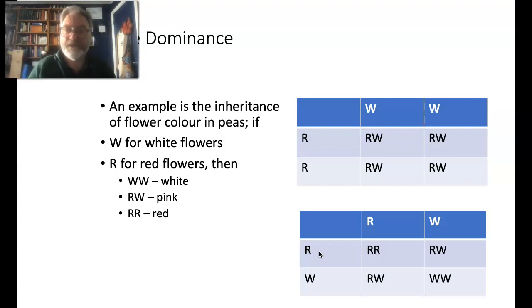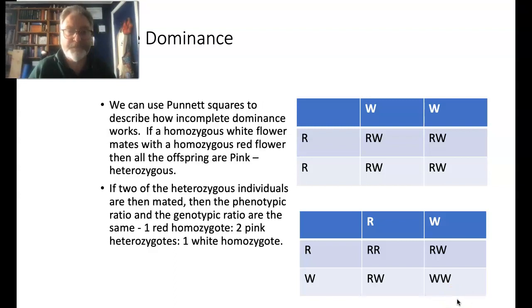They're blended. So in this case we could use capital letters for both of the traits because they're both dominant. Neither dominates the other. And so to be pink, you're RW. So if mum's red, she's got a red allele and a white allele, and dad's got a red allele and a white allele, you'll get 1 red, 2 pinks, and 1 white. So you can follow these patterns. These ratios are really quite important, which we just discussed. I won't go there again.